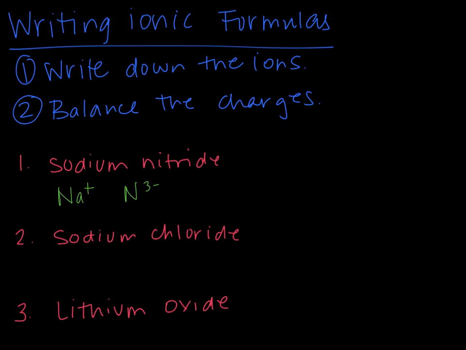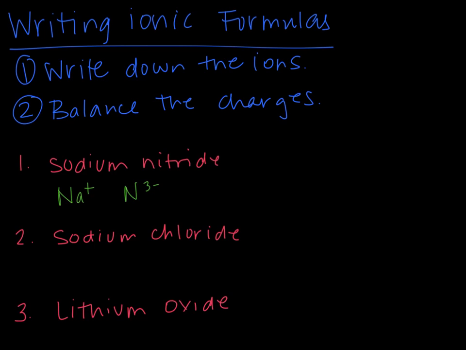Now, whenever you have a compound, compounds do not carry charges. Ions carry charges. These are compounds. Their charges cancel out. So if I have 3 negatives right here, I have to make this be 3 positives. All right, and the only way to get this to be 3 positives is to have 3 sodiums.